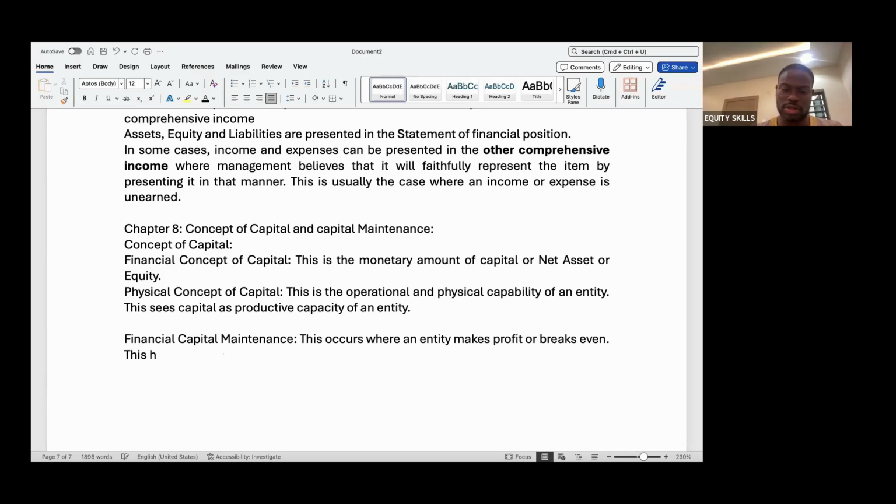And this happens where its opening capital is lower than its closing capital, right? So if your opening capital is 10,000 and your closing capital is 12,000, you have maintained your capital in the sense that you have made a profit of 2,000.